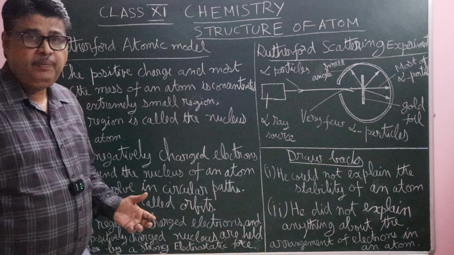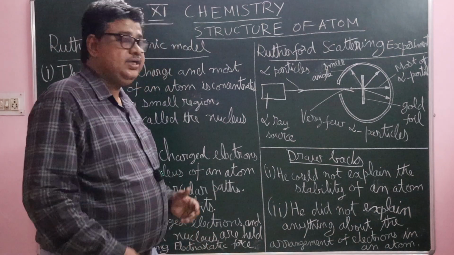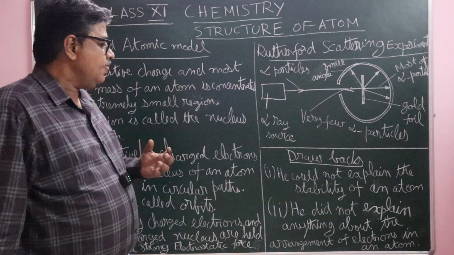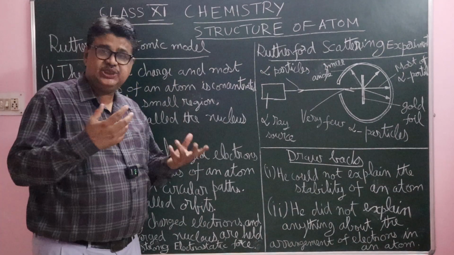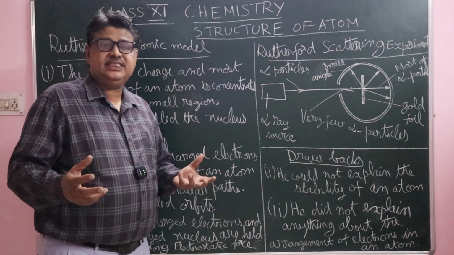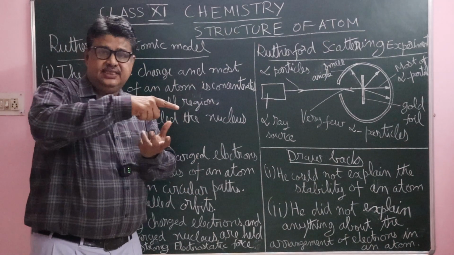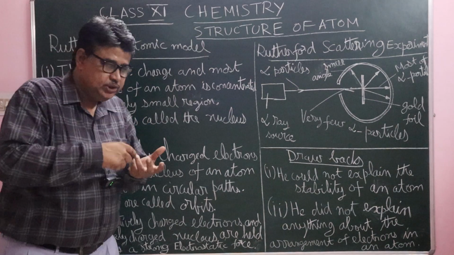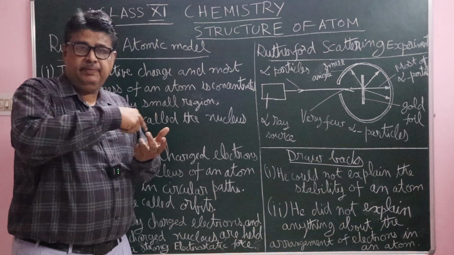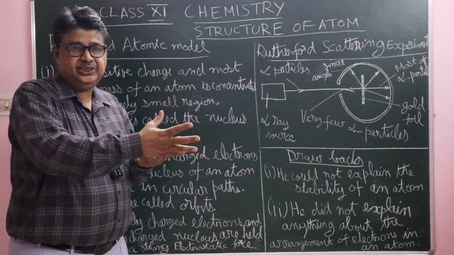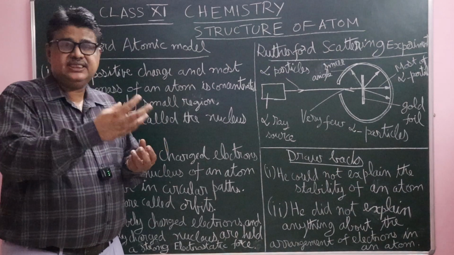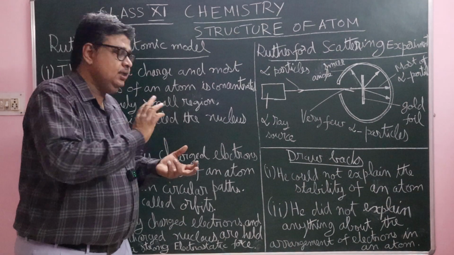Then there are some drawbacks in the model. What are the drawbacks in Rutherford atomic model? According to Maxwell, there is one scientist called Maxwell. Maxwell said when a charged particle, that is the electron, a negatively charged particle, revolves in orbit, it will emit radiation, lose its energy and fall back to the nucleus.